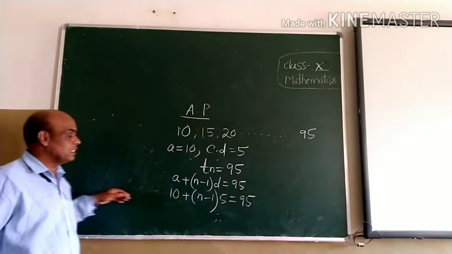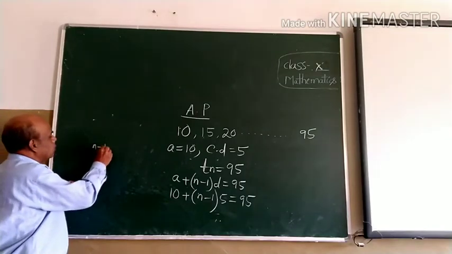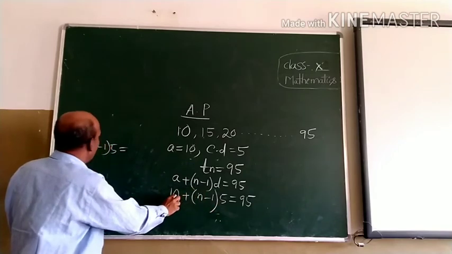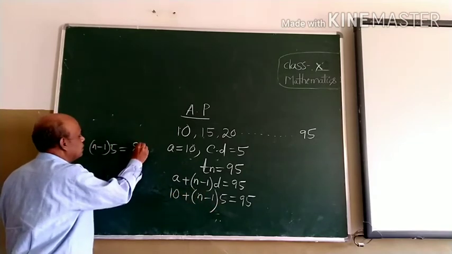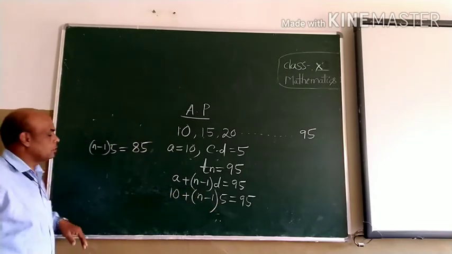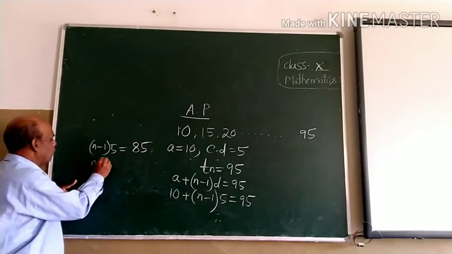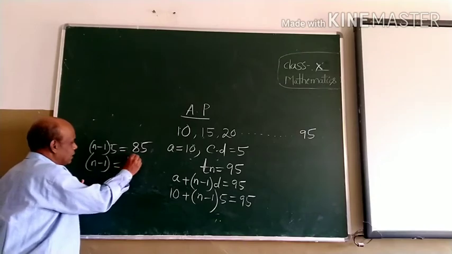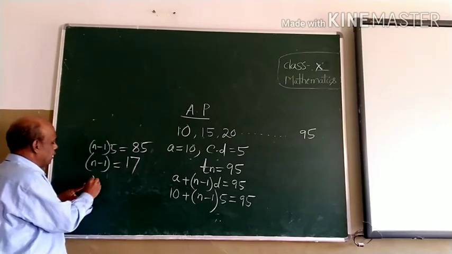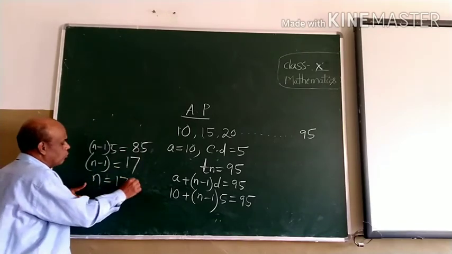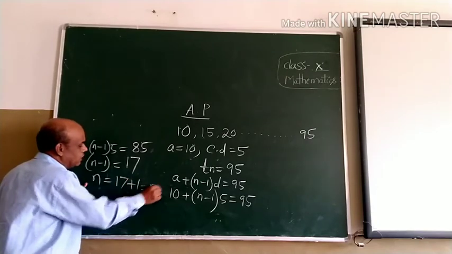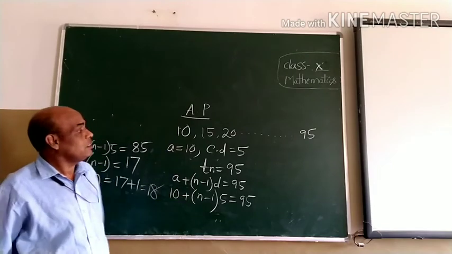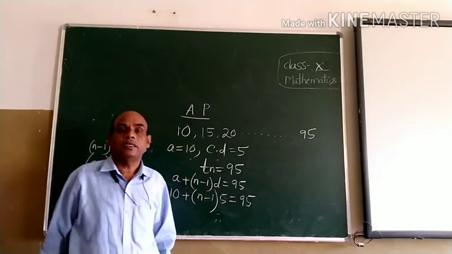So we may write (n minus 1) into 5 equals 95 minus 10, that is 85. Now n minus 1 is equal to 85 divided by 5, that is 17. So n is 17 plus 1, that is 18. So we can say in this sequence there are 18 terms.